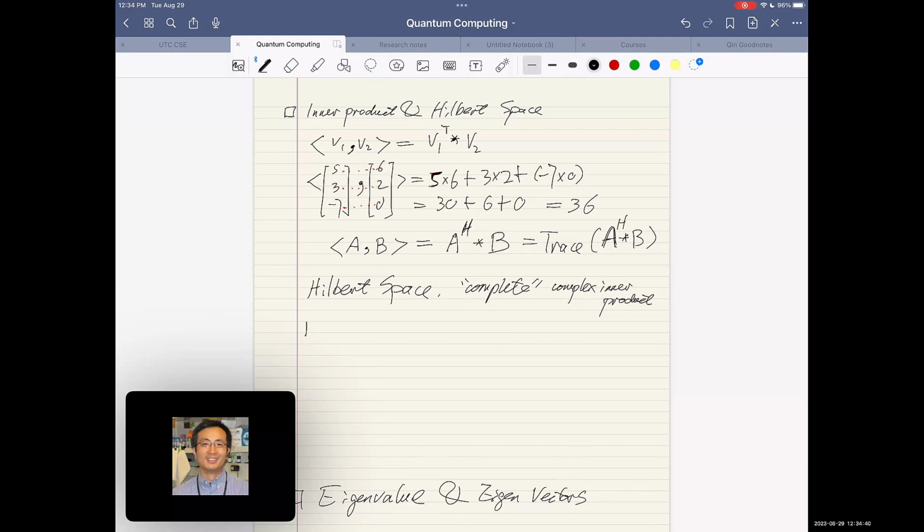Distance is really a bit easier to understand. For any vectors v1, v2, we first take the difference vector, and then take the modulus.